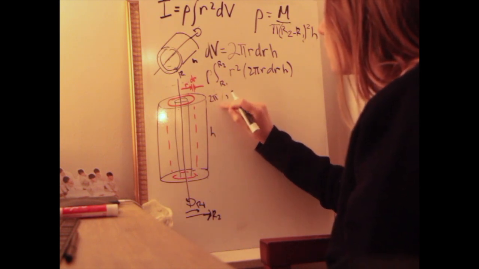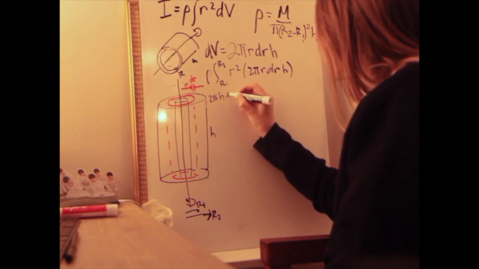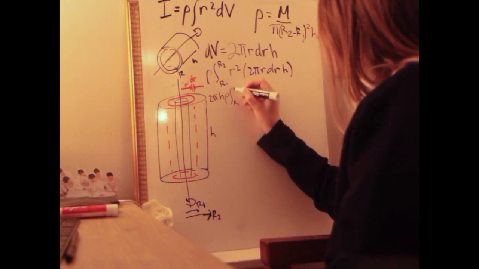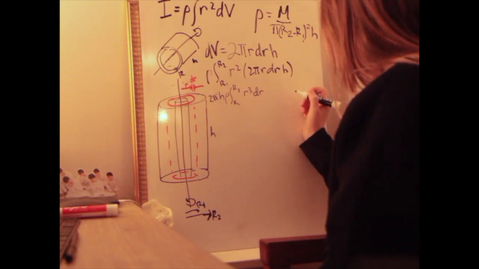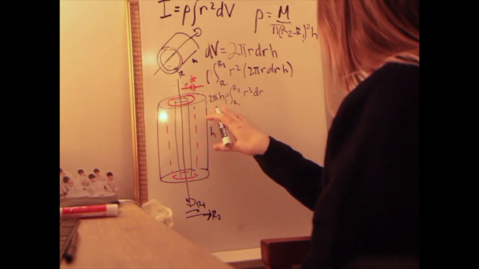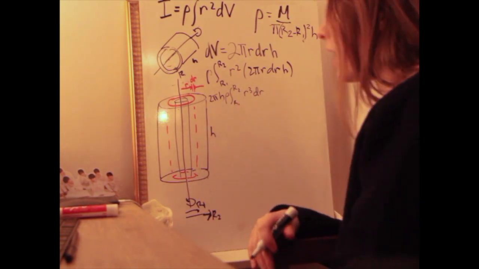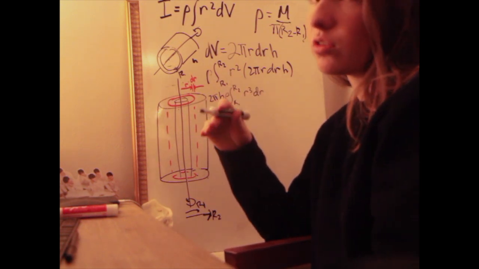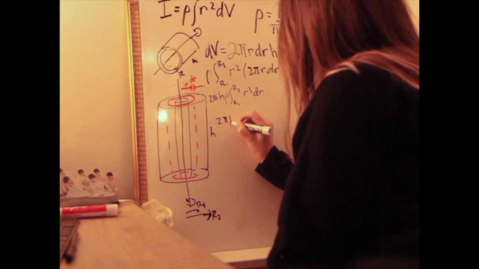Oh my god, that's not a constant. We're again integrating 2 pi h rho times r cubed dr from R1 to R2. Okay, so we have r to the 4th over 4, and then we're plugging in R2 to R1.